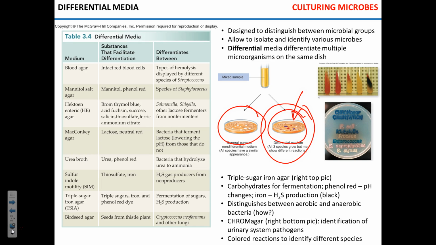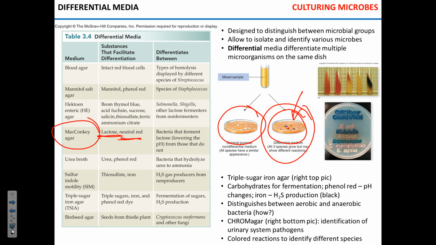On the last slide, I mentioned MacConkey. If MacConkey agar contains lactose, microbes that can ferment lactose and produce lactate and drop the pH will change the color of the indicator, the neutral red.